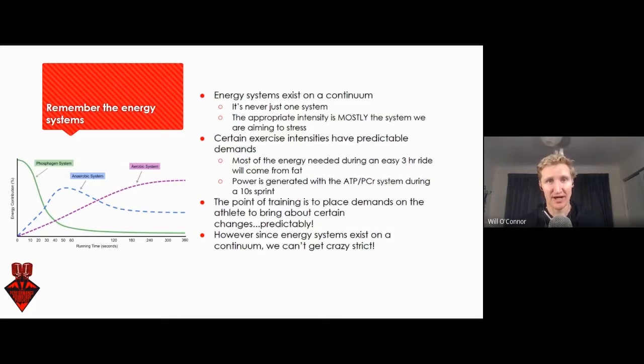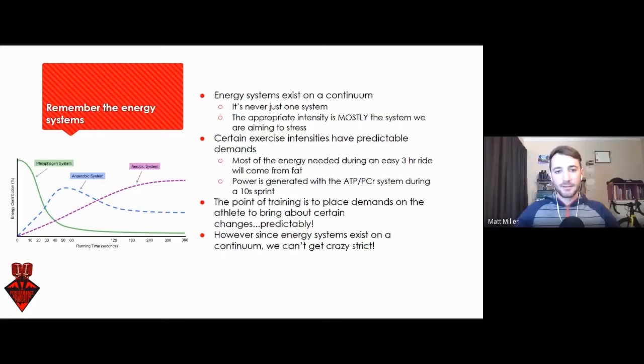So it's not a hard science, like at 10 seconds the PCR system will completely stop. But there is a predominance of those energy systems, and we just need to understand that so that when we apply zones over top of that, we know what those zones are trying to achieve and what they represent metabolically.